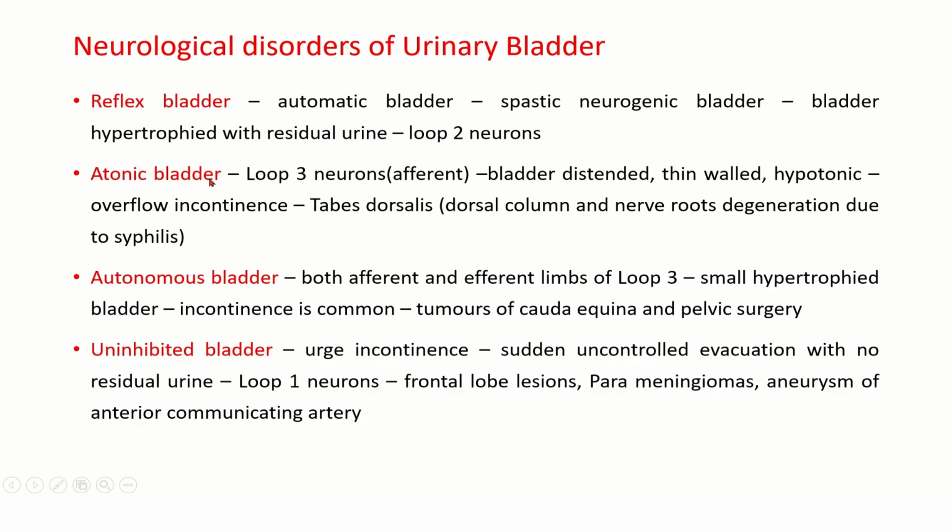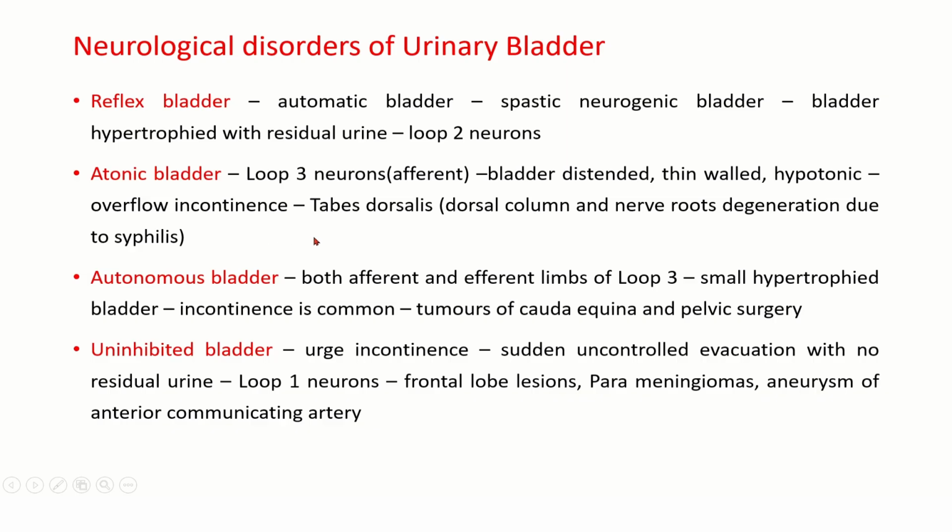The next condition is atonic bladder, which is mainly due to damage to the afferent limb of the loop 3 neurons, that is the parasympathetic sensory fibers. So what is happening? The bladder is distended, thin walled and hypotonic, and there will be overflow incontinence.